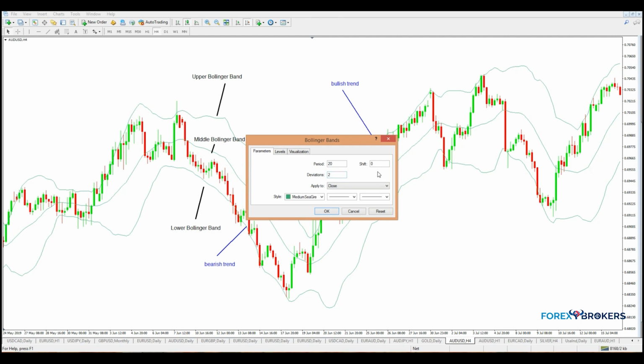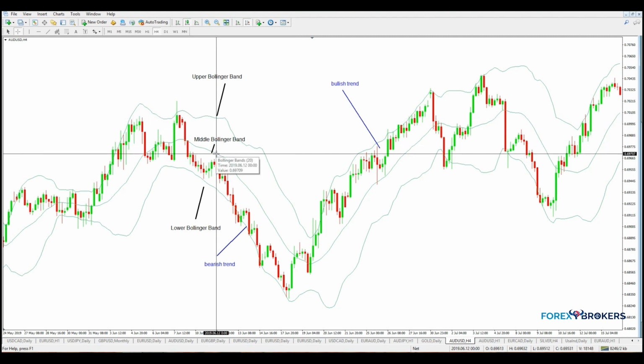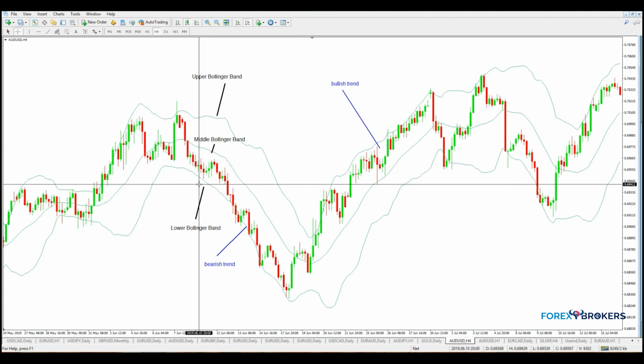In the article I explain exactly what this standard deviation is. I won't like to discuss it here because you probably are more interested in the technical setups rather than how this indicator is built. It has 3 bands: the upper Bollinger Band, the middle Bollinger Band, and then the lower Bollinger Band.